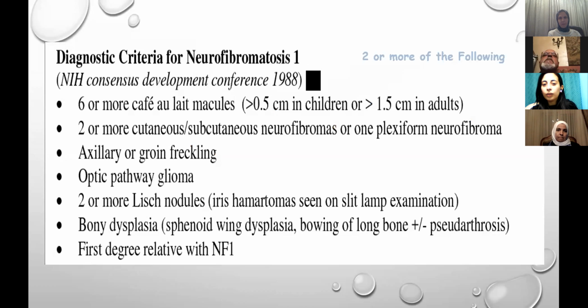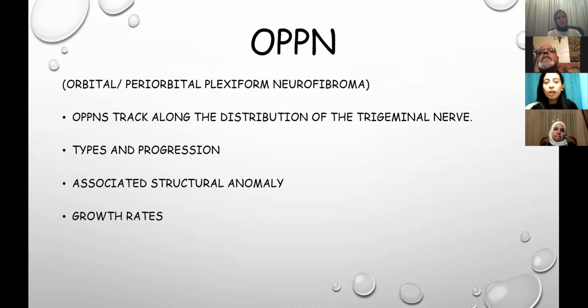The diagnostic criteria just need 2 or more of the following list to diagnose neurofibromatosis type 1. So here, regarding this plexiform neurofibroma, the swelling that the mother came complaining from, it's better to term it as orbital-periorbital plexiform neurofibroma as suggested by the American Academy of Ophthalmology.